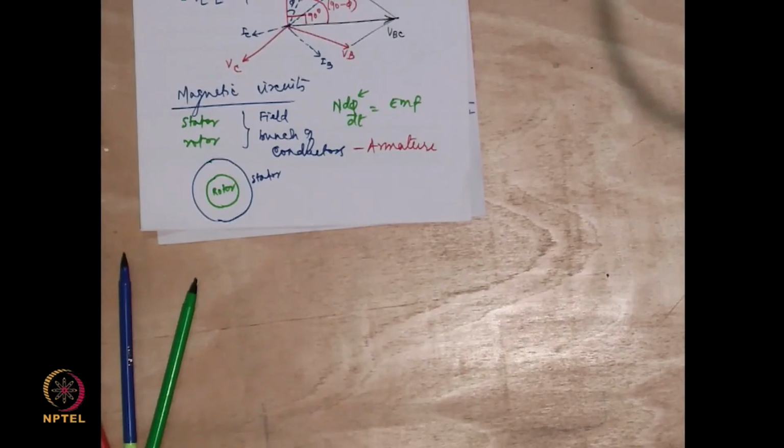Whereas that is absent in a transformer because there is nothing rotating there. So there is no air gap between primary and secondary. The primary is equivalent to the stator, you can say, if you want to, and the secondary is equivalent to the rotor, or vice versa. So you have two independent windings there also, right?